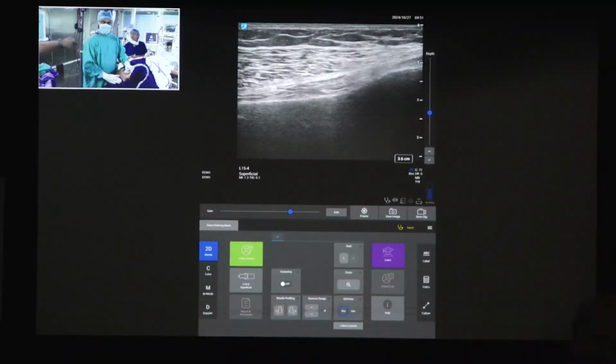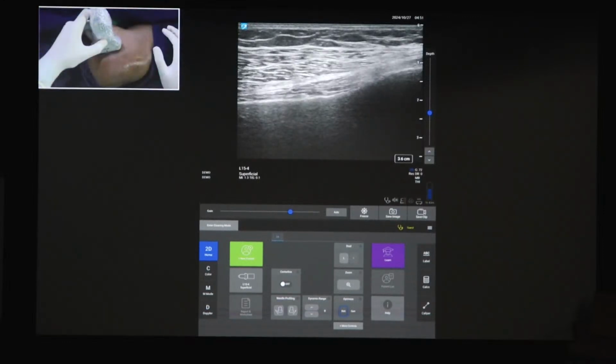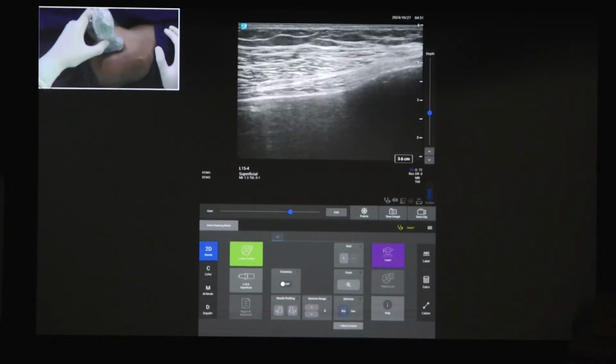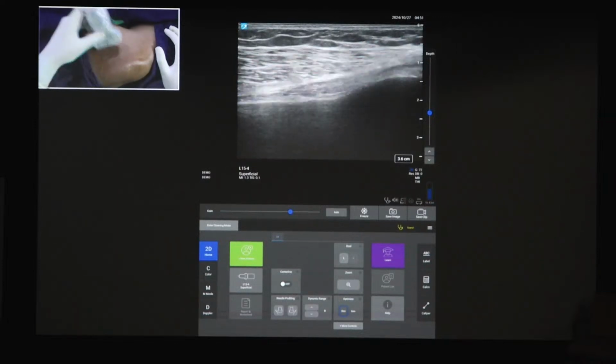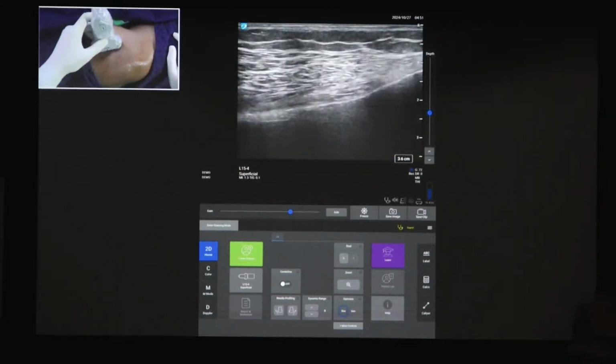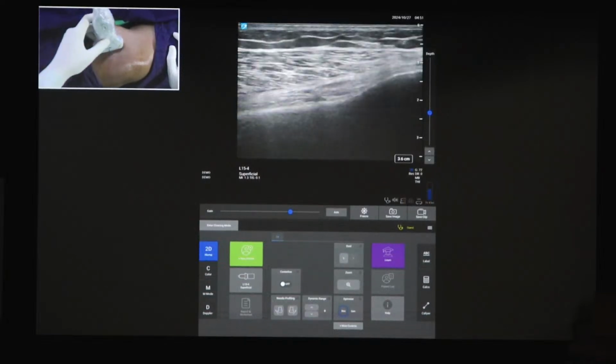We would like to have a look at the image of the USG, not the settings. Yeah, fine. You can start, sir. Okay. So you can see the probe position as well, I think. Yes, we can see the probe position and the ultrasound image.